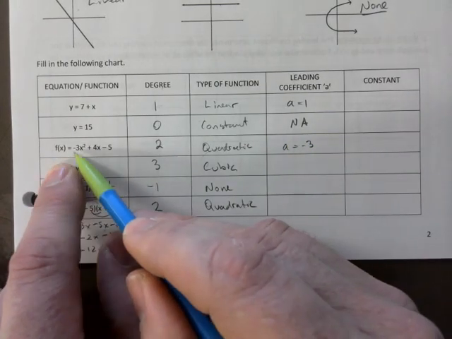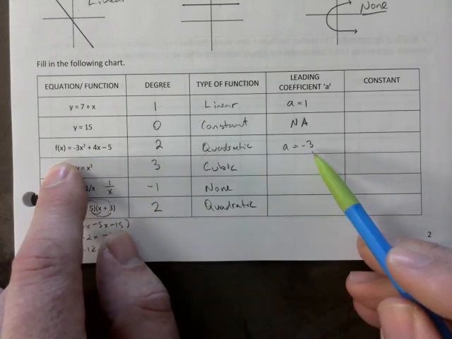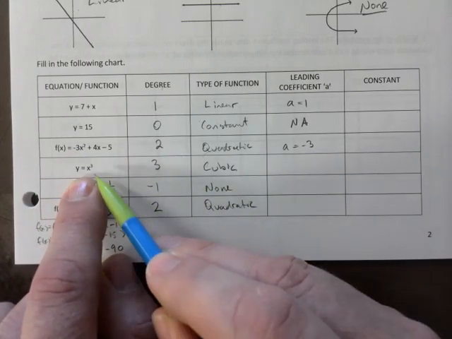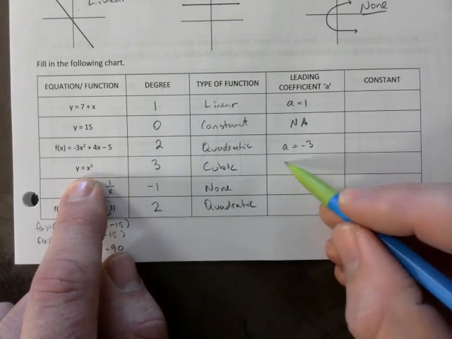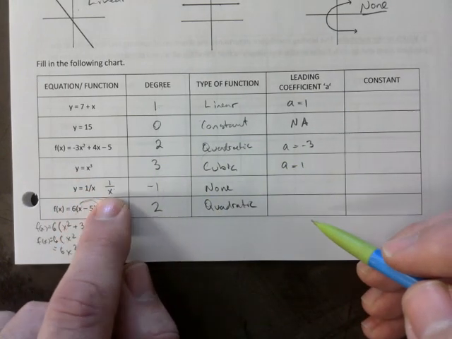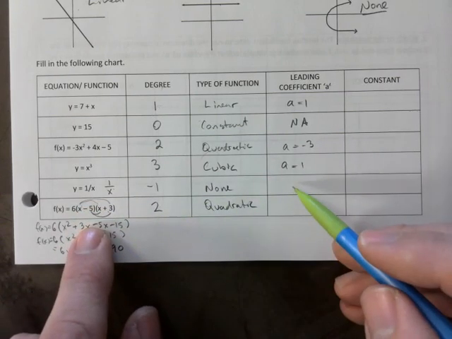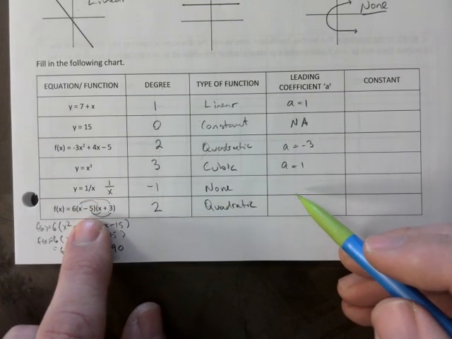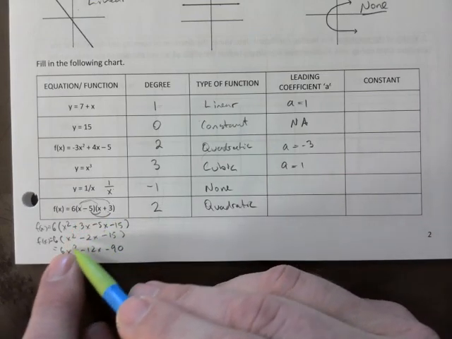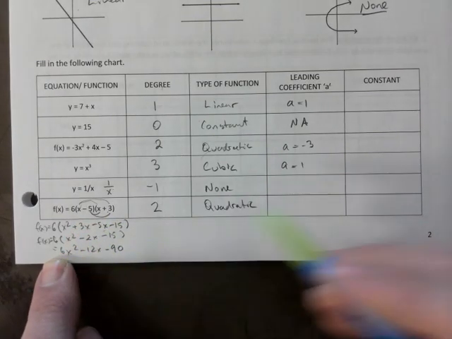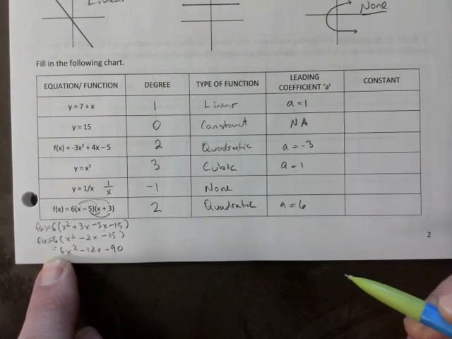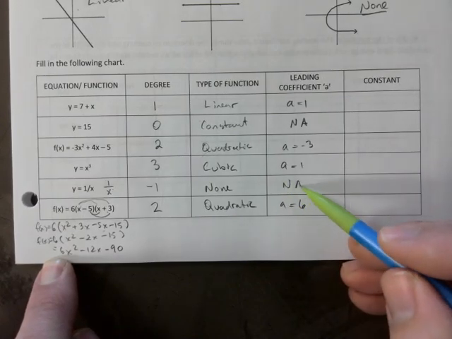Wherever x squared is, you look in front of it, a is equal to -3. What about this one? 1. We'll just skip this one here. And this one? Yes, 6. Yeah, 6 is the leading coefficient. We're just going to go NA here.